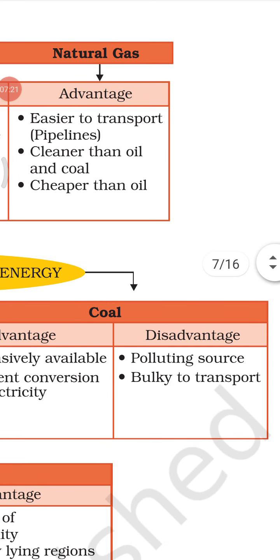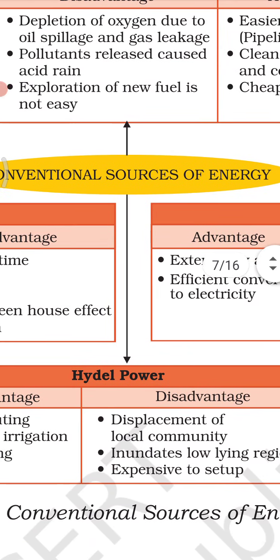Disadvantage: polluting source. When we burn coal, there is a lot of smoke, so pollution is caused. Then bulky to transport: it is heavy in nature, so it is a little difficult to transport it from one place to another.